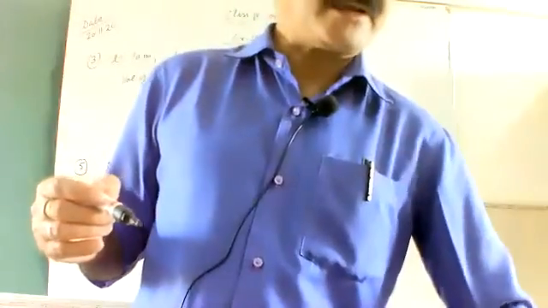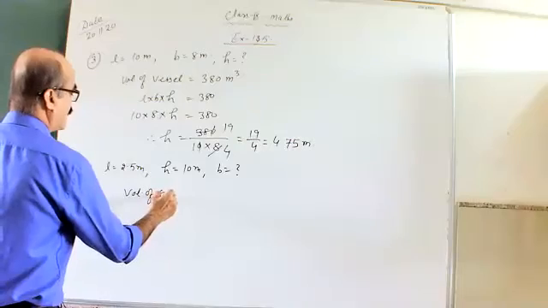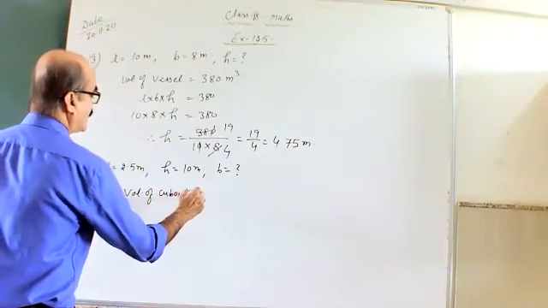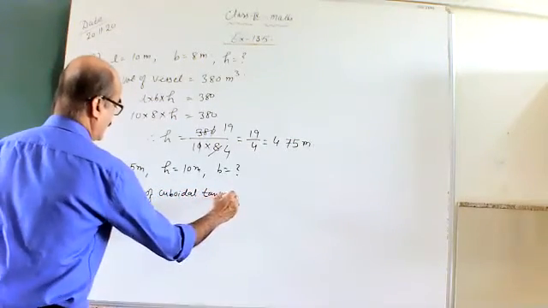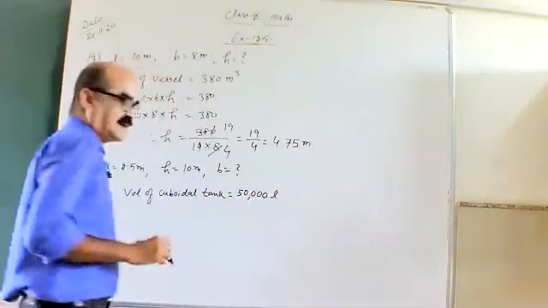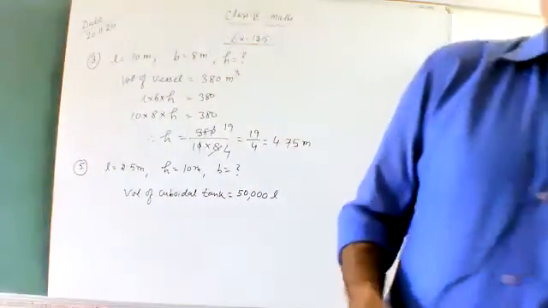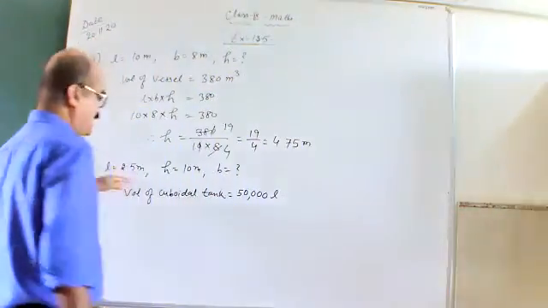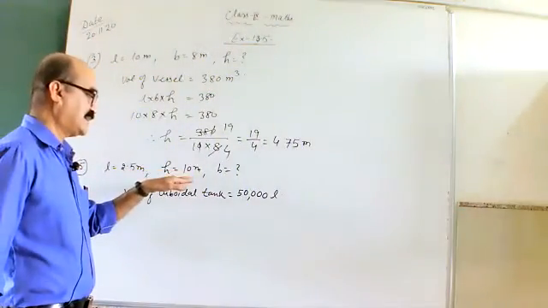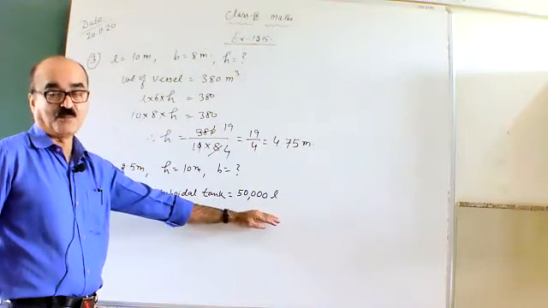Volume of the cuboidal tank is 50,000 liters. Right? Since length and height are given in meters, this must also be converted into meter cube.